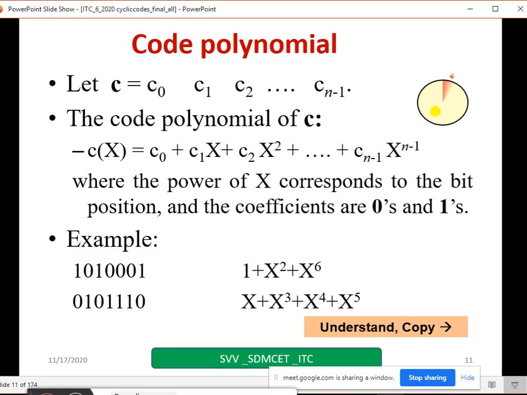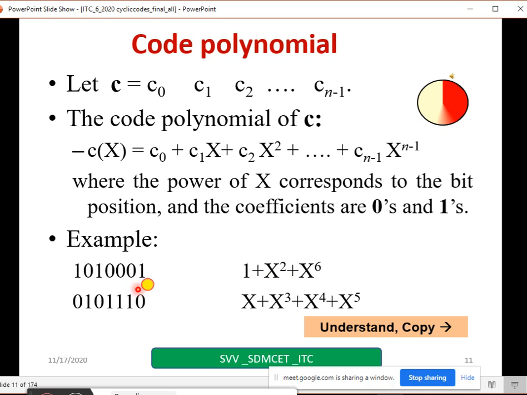So any zeros and 1 combination is given. Start from 1 plus x square plus x cube plus x4 plus x5, like that. Wherever 0 is there, don't write. Wherever 1 is there, you are supposed to write it. And sometimes if they give a polynomial, you should be able to write it in terms of bits. If they give a bit combination, you are supposed to write it in terms of polynomial.